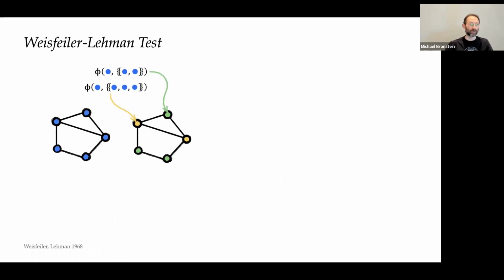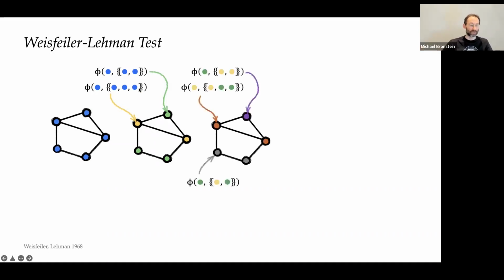So neighborhoods with different structure will be assigned new colors. So here initially we have two different neighborhoods, right? We have a blue node with two blue neighbors and a blue node with three blue neighbors. So these will become green and yellow. And we can repeat this procedure again. So now we'll have three colors. At some point the colors will stop changing, at which point we output their histogram. And this is a kind of a descriptor of a graph.